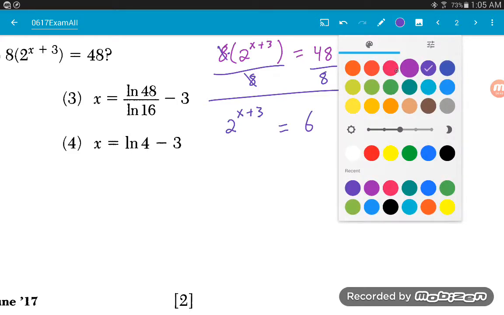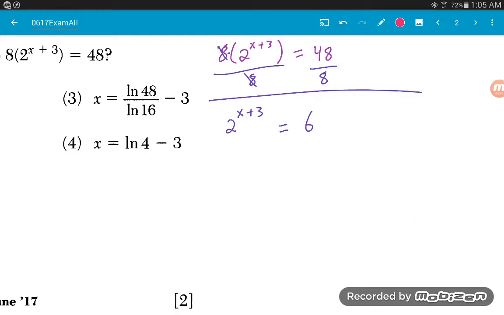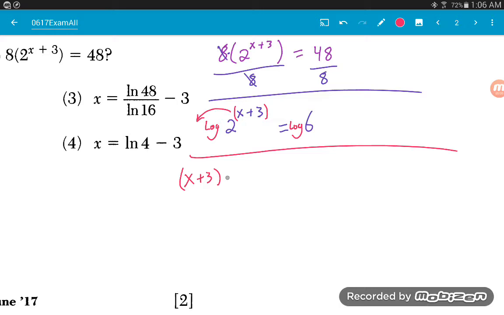Now here's the trick. Anytime something is stuck in the exponent spot, anytime we want to take it down, it needs to happen with a log. If you log this, you can take down the whole exponent. So what I'm going to get is x plus 3 times log of 2. And that's equal to log of 6.